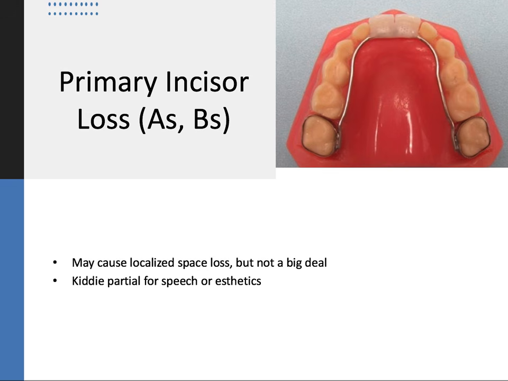We can use a kitty partial to replace those missing teeth for now to both hold space and also provide some function in terms of speech and chewing and also aesthetics, so there isn't a big gap between their front teeth. But again, this is kind of to be expected. Primary incisors are lost relatively early on. Aesthetics usually isn't a big deal here, and usually the permanent teeth are ready to erupt underneath.